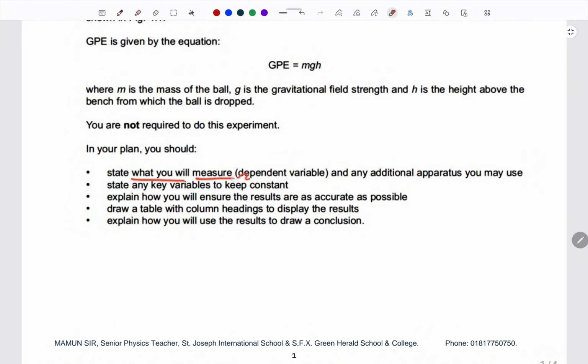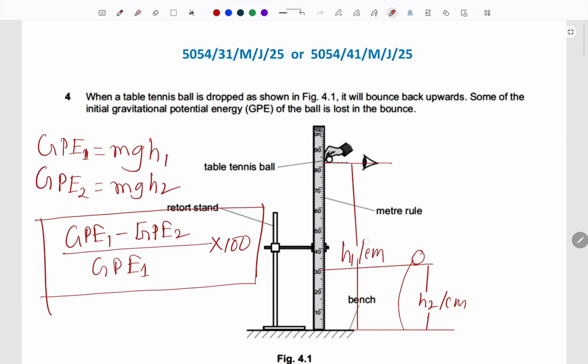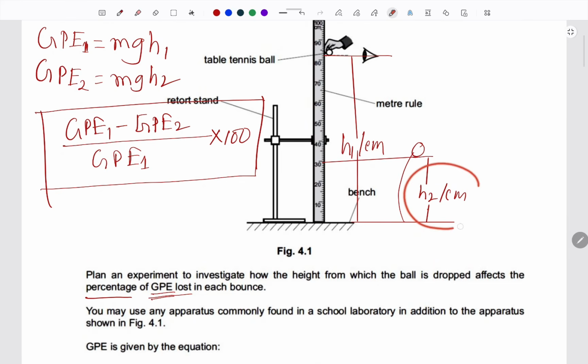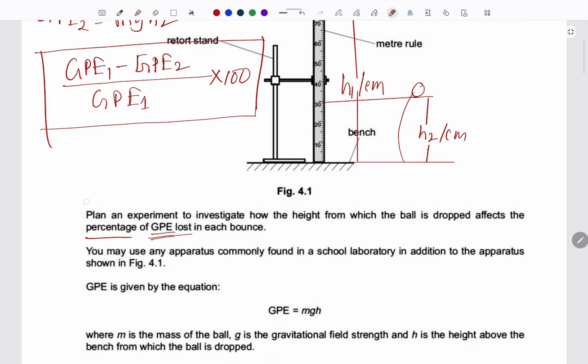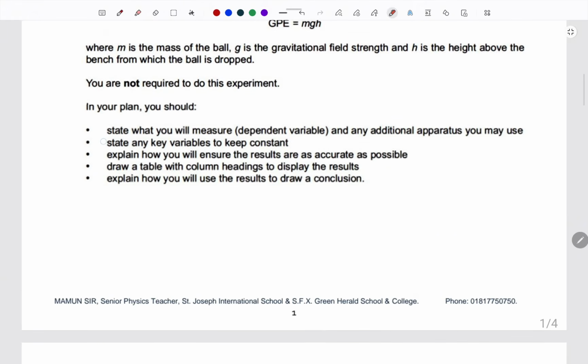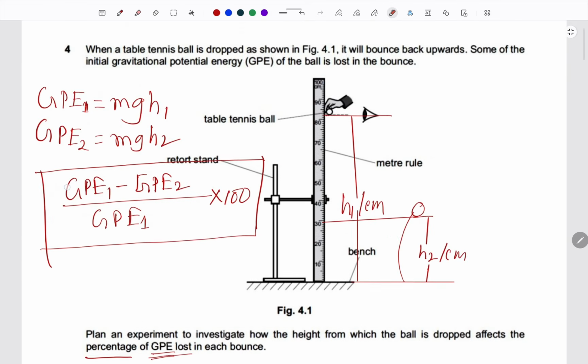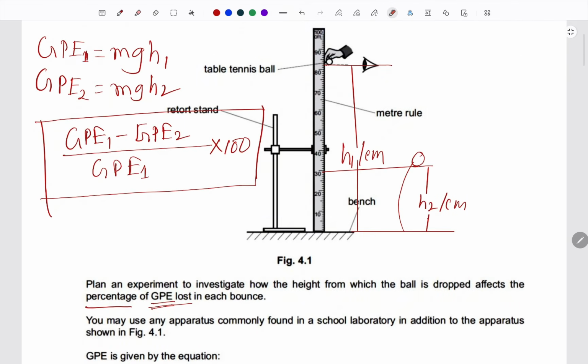State what you will measure, which means the dependent variable. See, dependent variable means here the rebound height, right? Because h1 is independent, h2 is dependent, and any additional apparatus you may use. Additional apparatus, if I consider here, everything is given.